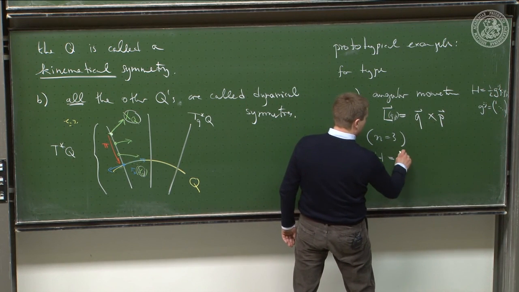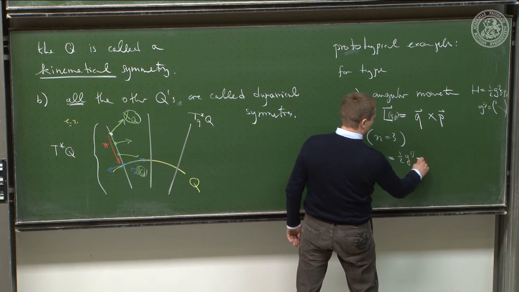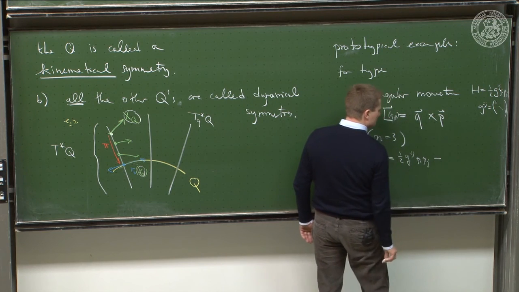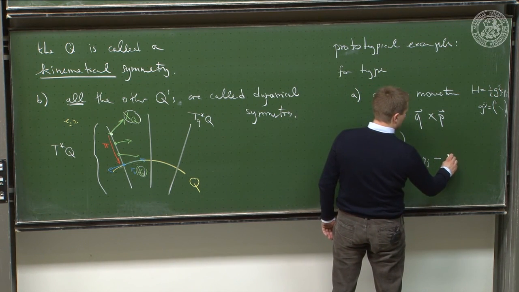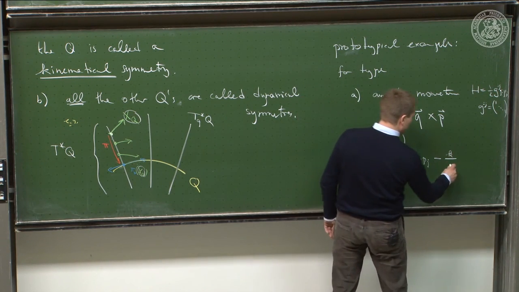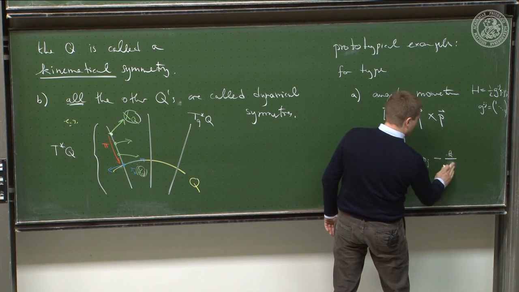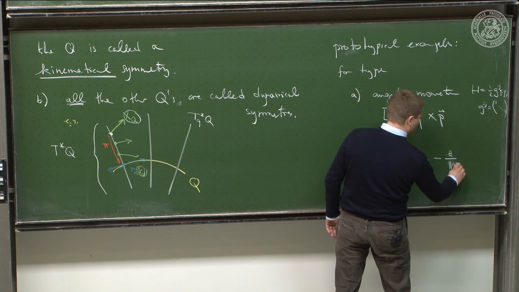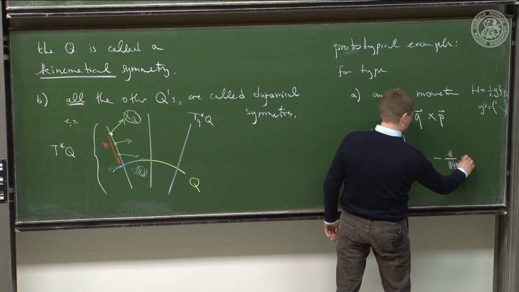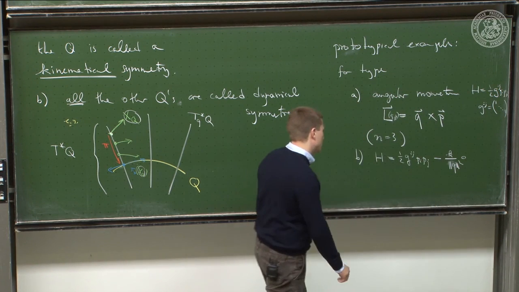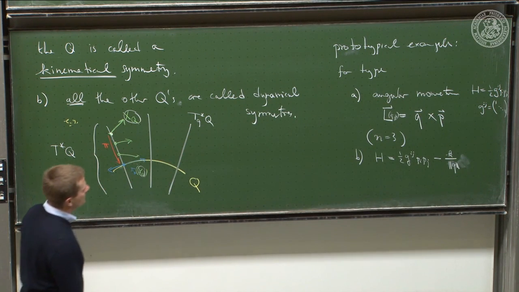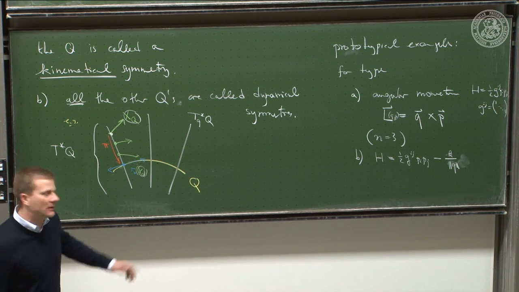The other example is 1/2 G_ij P_i P_j, again a flat metric, minus K, some gravitational constant with the central mass absorbed, divided by the absolute value of Q times the unit vector of Q. Well, the potential, I'm sorry, the potential is just this. Yes, that's right. So that would be the Kepler potential.